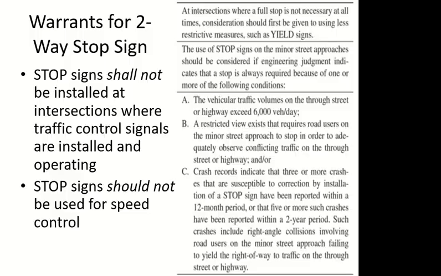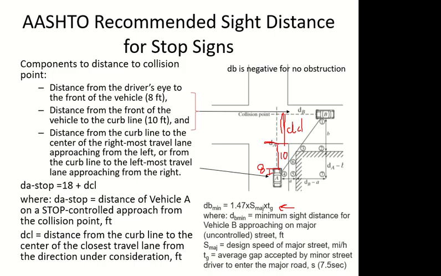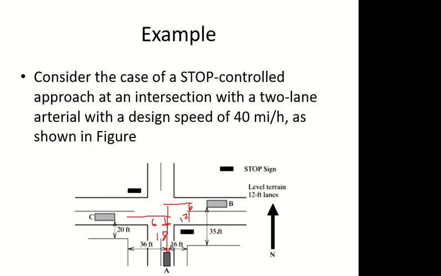Let me just check this. What did I do? So I need A and dA, which is for the other road, and dA minus B, which is for this road. So this is the other road. A is 35 and dA for this road.